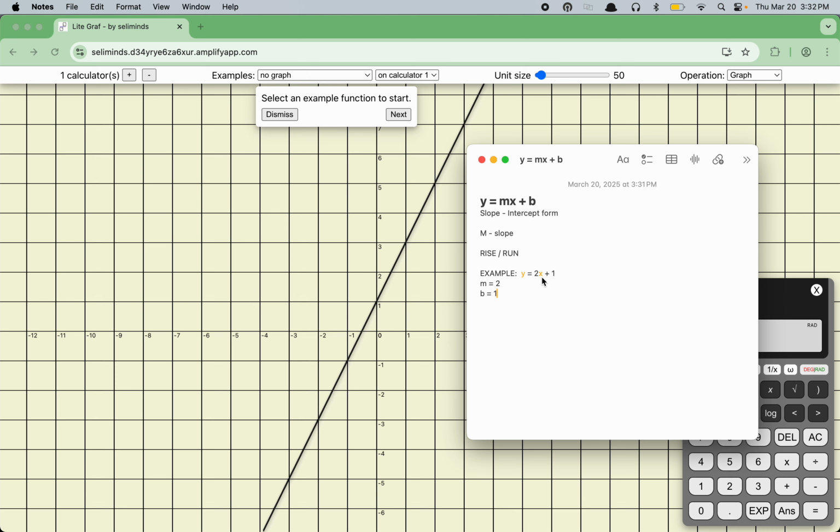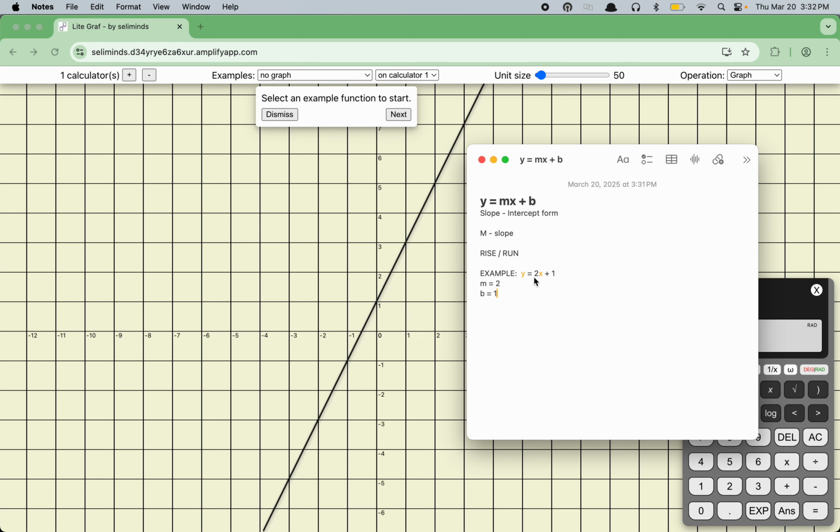And the independent variable is the x, and the dependent variable is the y. So the y is dependent upon what the value of x is. Say, for example, at this point in here, the value of x is equal to 0, and it's independent.